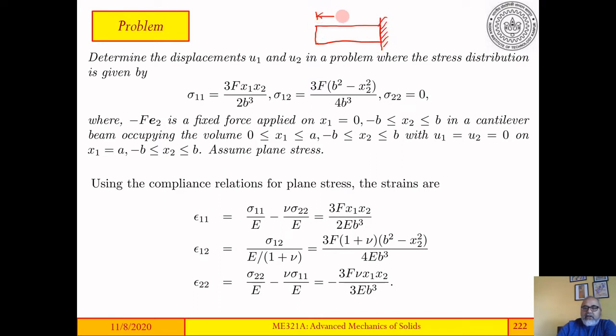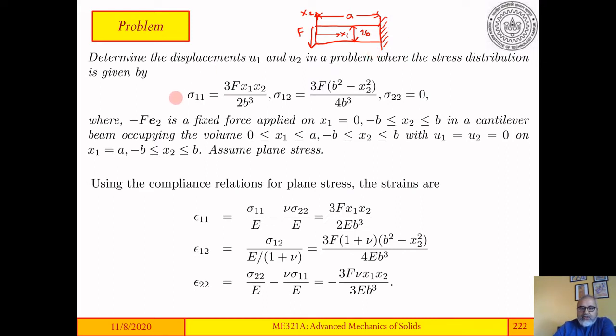This length is A, this is 2B, and you have a load applied like this. The coordinate system is here, x1, this is x2. So this is your problem. This is the problem that you need to solve, and let's assume that part of the problem is already solved.